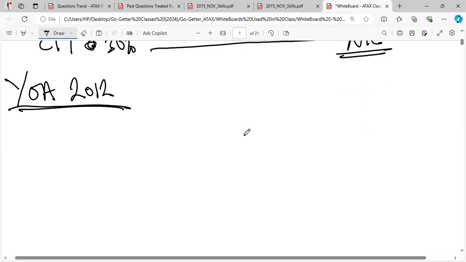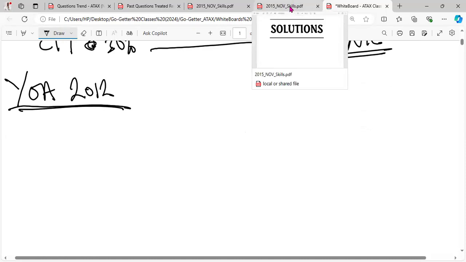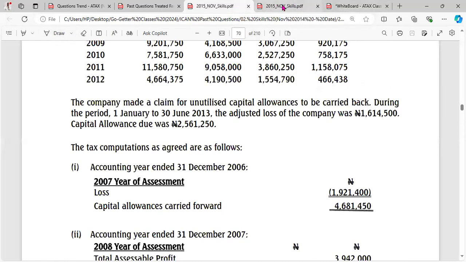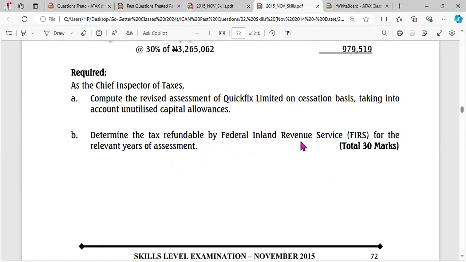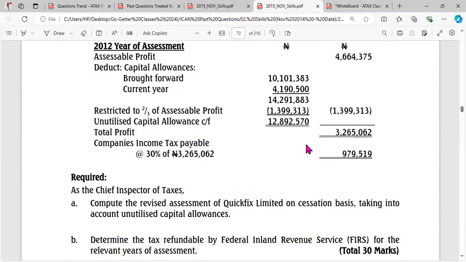What do we know about year of assessment 2012? Look at 2012. In 2012, we had a total profit of this, right?